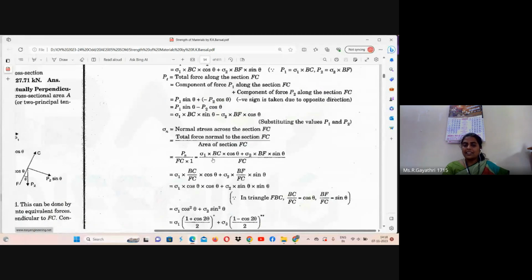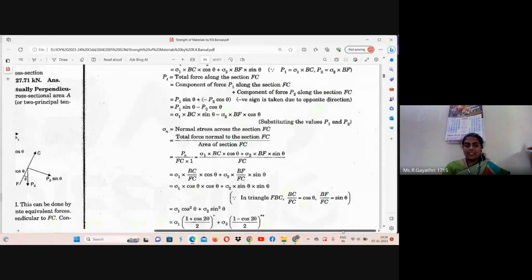We can write the sigma 1 term, cos theta term separately, putting FC below: sigma 1 cos theta into BC by FC plus sigma 2 sin theta into BF by FC.